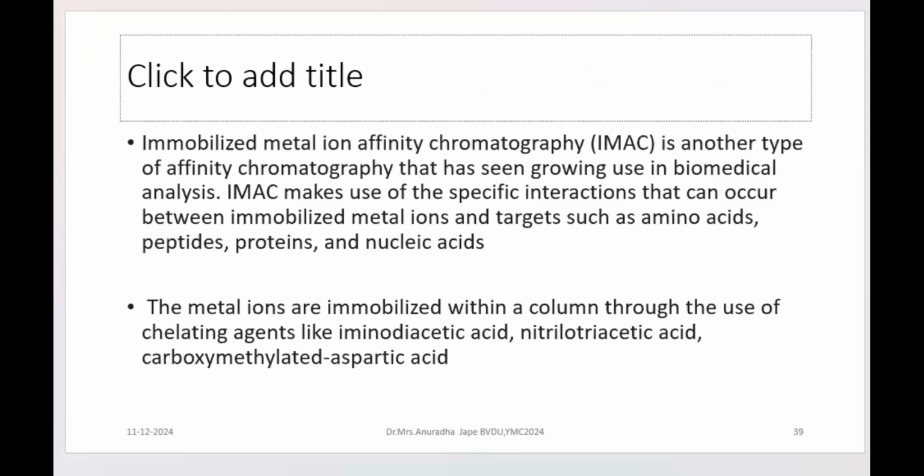This is another one, IMAC, where you are using a metal ion that is immobilized on the support matrix, and affinity chromatography, where metals are going to be used as ligands.